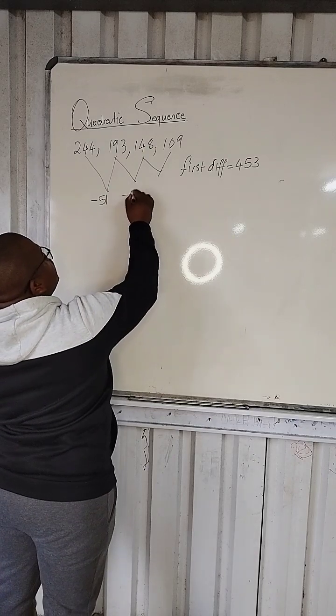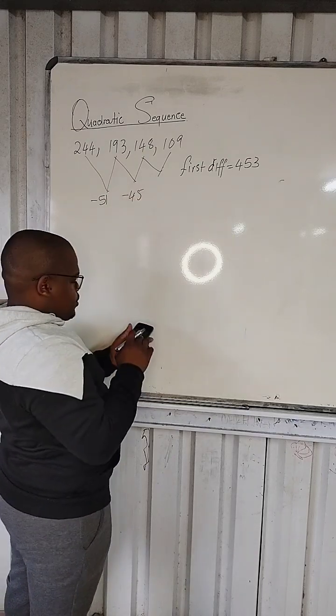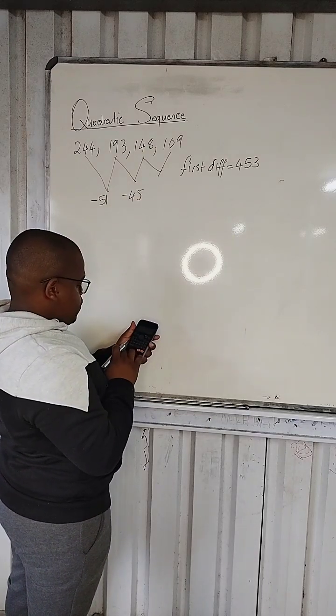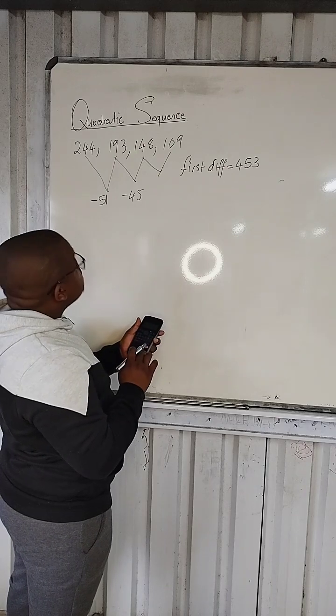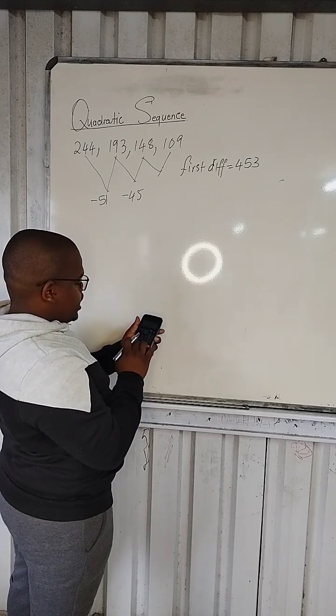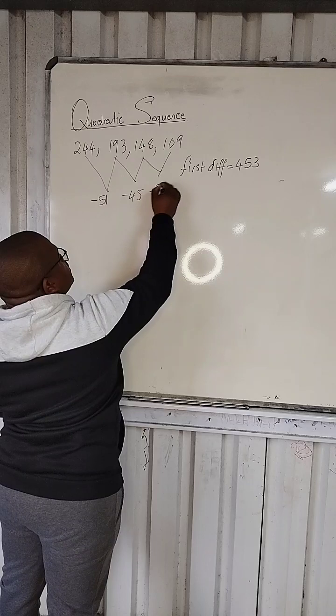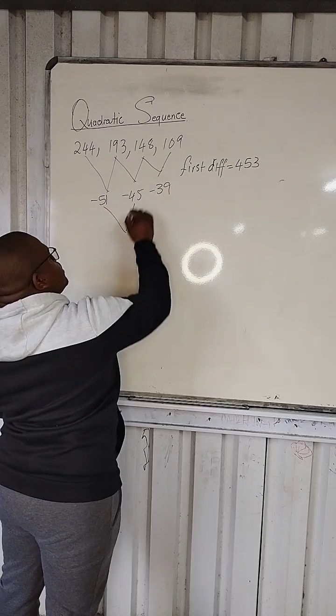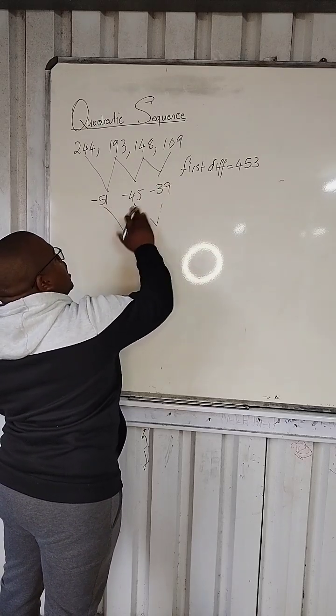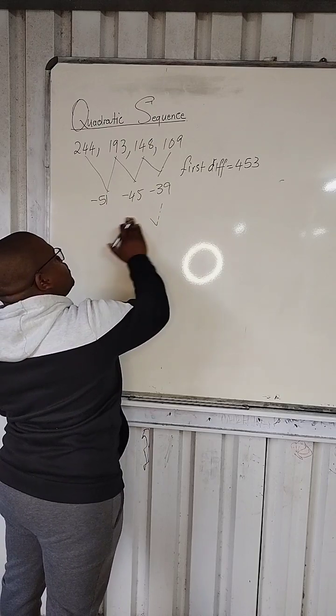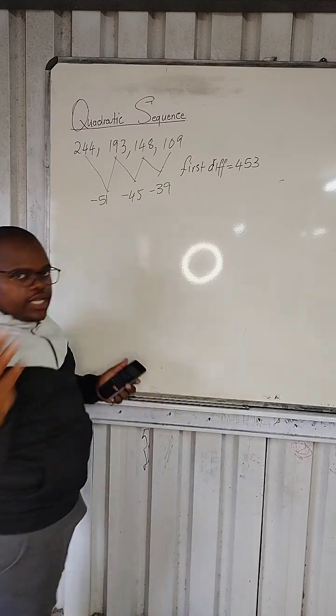Then we have negative 45. Then we continue, we have 109 subtract 148. Hence here we have negative 39. That's our first difference.